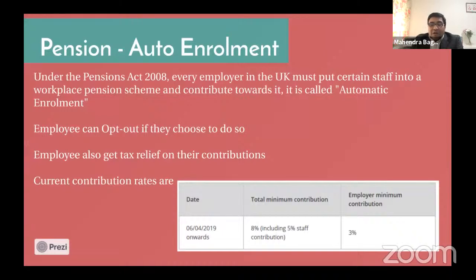All of these are automatically calculated through the various thresholds using payroll software. So as an employee, your choice is either to be in or out. You can decide your contribution to be increased, but your employer contribution will stay the same.